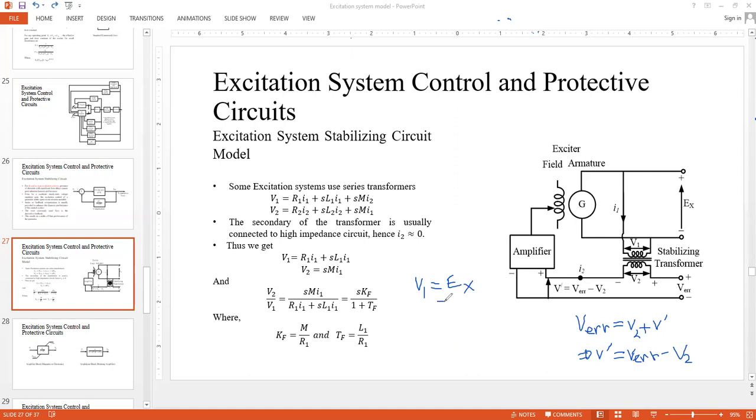So let's say V1 is, for example, 1.1 per unit. If V1 is constant at this value, and at this point V error is also 0, what would be V2 and what would be V dash?